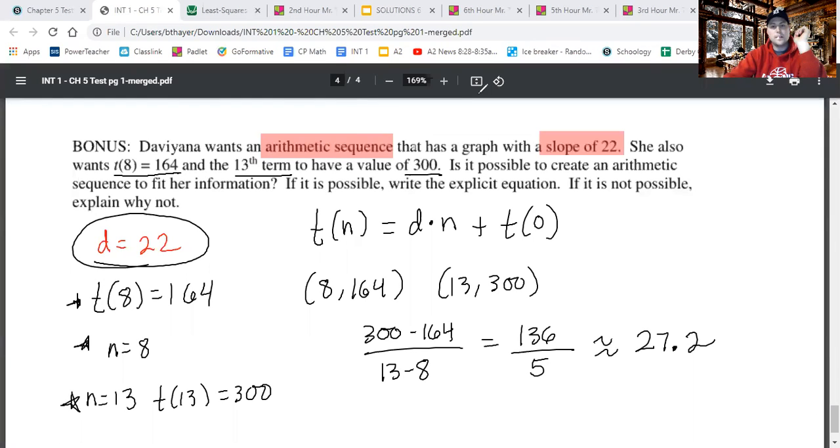All right, fast forwarding, I found the slope. I got 136 over 5, which translates to exactly 27.2. And that is not equal to the desired slope of 22. So no, it's not possible to create an arithmetic sequence to fit those constraints of a slope of 22 and those other term positions and term values.